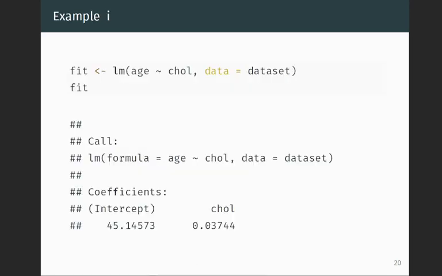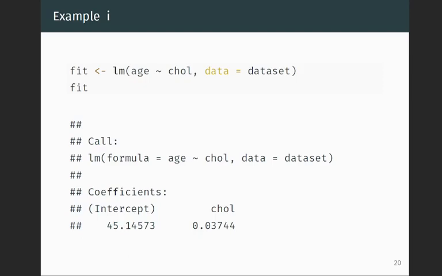Okay, so let's look at an example. Here we're going to use age as our outcome, and now cholesterol will be the covariate. And we can run this regression model by using the same code as before, or similar code. We get lm of age tilde chol, comma, data equals data set. And if we look at the output, we do see only two coefficients here.